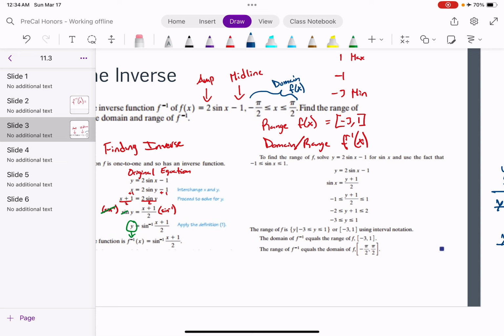So in this case, the domain of f of negative 1 of x would be equal to the range of the original. The range of the inverse equation would be the domain, which would be from negative pi over 2 to pi over 2.